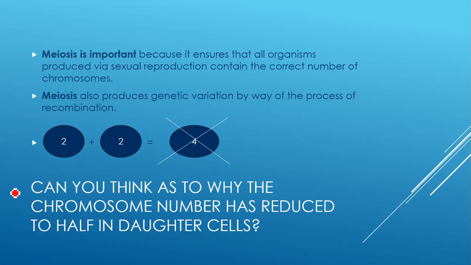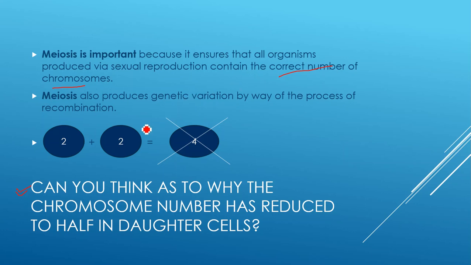Here is one question from your NCERT book. Can you think as to why the chromosome number has reduced to half in daughter cells? It is an important case of meiosis. Meiosis is important because it ensures that all the organisms produced through sexual reproduction contain the correct number of chromosomes. Why are they putting so much pressure on the correct number of chromosomes?